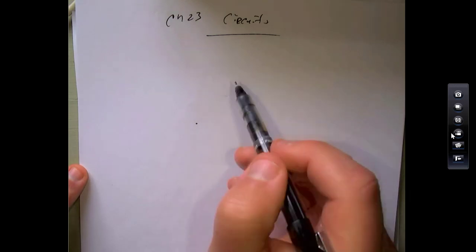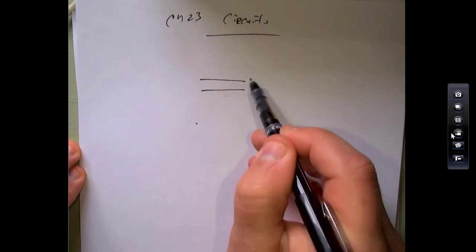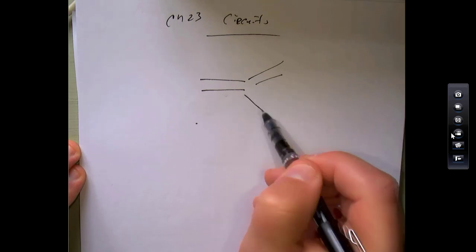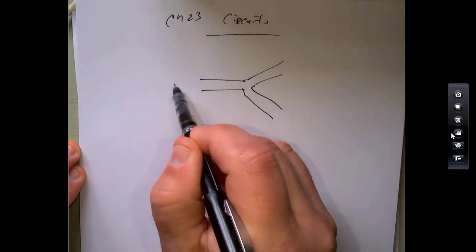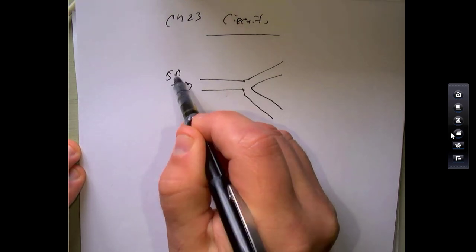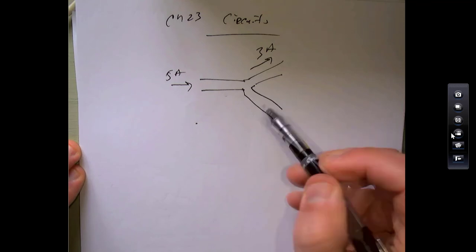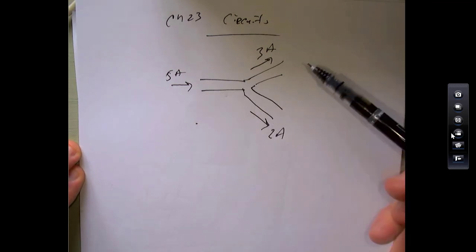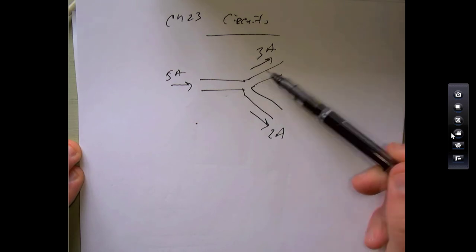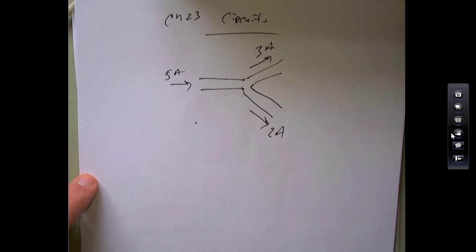If you have current going into a junction, say 5 amps going this way, and one branch is 3, then you know the other has to be 2. Whatever goes in, 5 amps, you don't lose any. 3 goes this way and 2 goes that way. A nice analogy is to think of this as a river flowing.